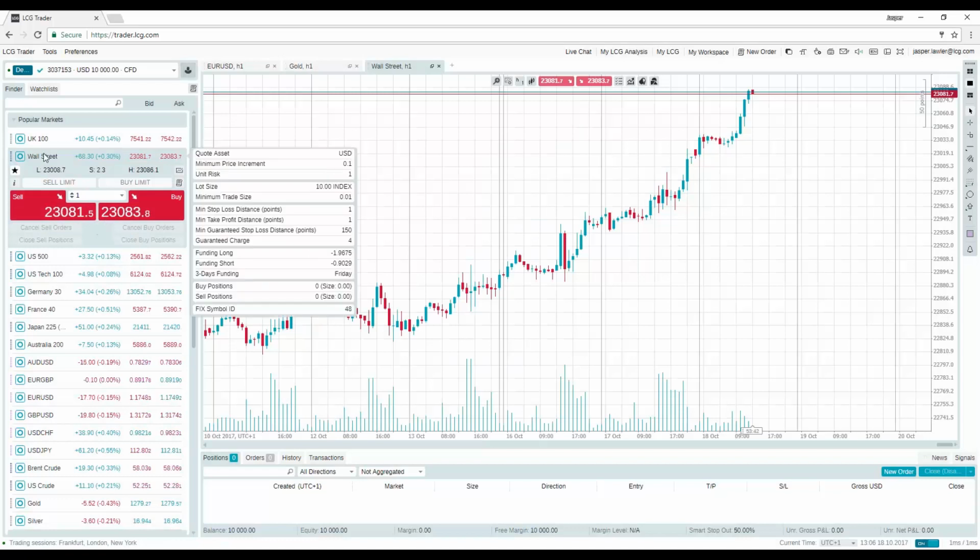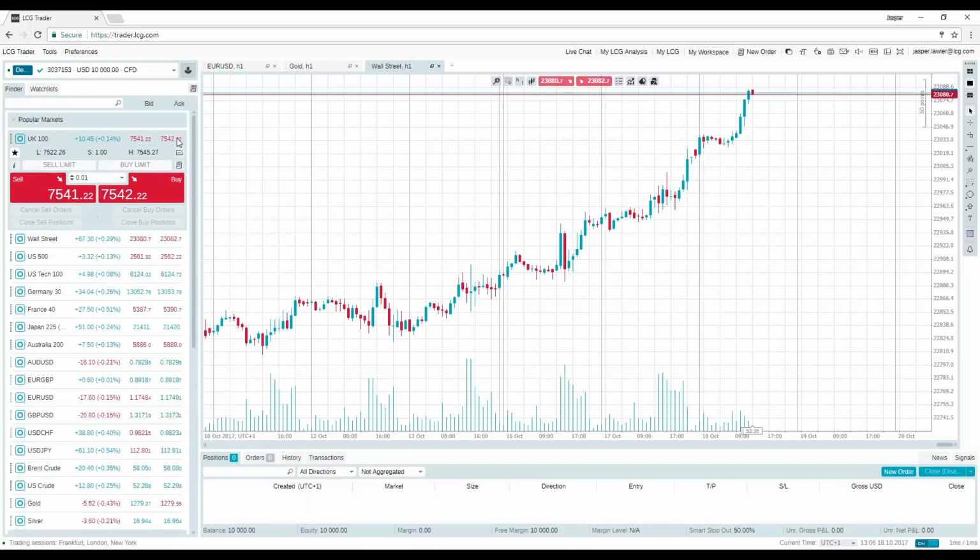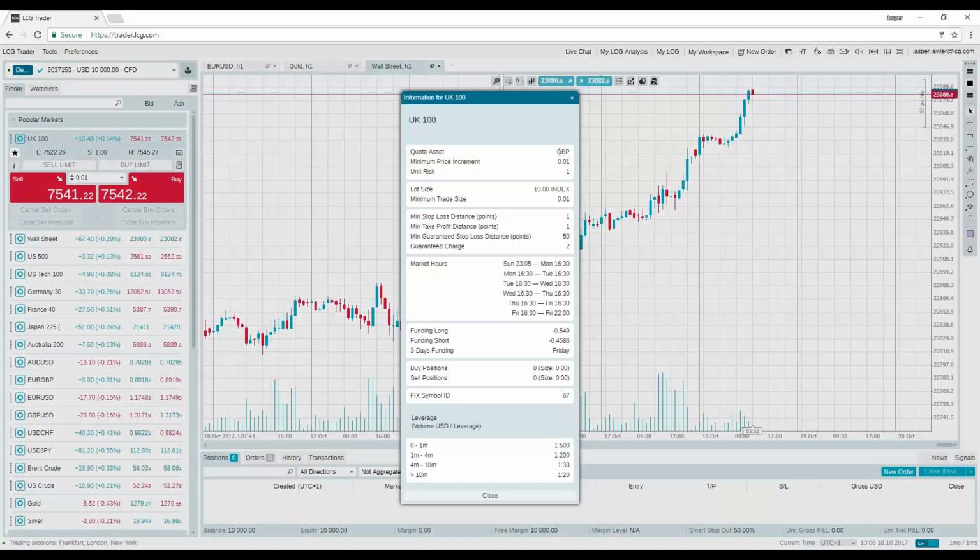So I gave the example of Wall Street here. Obviously the UK 100 is our FTSE 100 here in the UK. And you can see it in that summary, and I'll pick on the tab here, GBP. It's in Great British Pounds. So if your account's based in pounds, easy obviously. If your account's based in dollars, then you need to look at the fact that it's 10 times the index again.